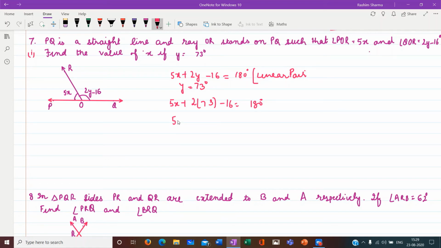So 5x plus 2 into 73 is 146, minus 16 is 130, is equal to 180 degree. So 5x comes as 180 minus 130. So x is equal to 50 on 5. So x is equal to 10 degree is the answer.